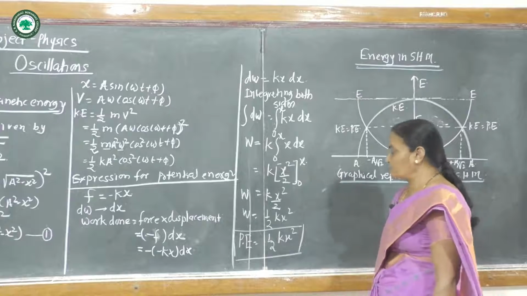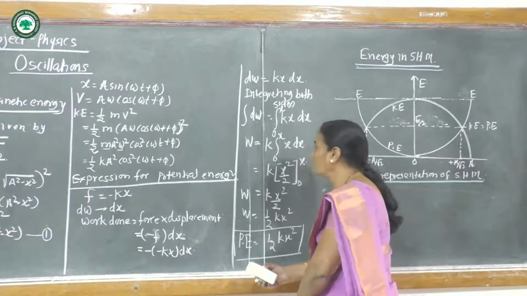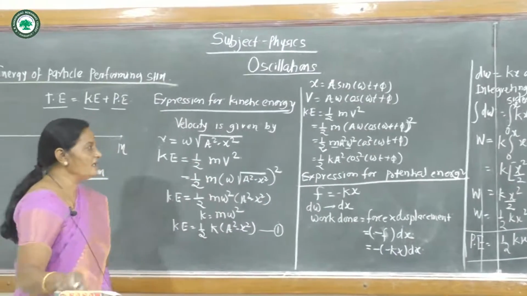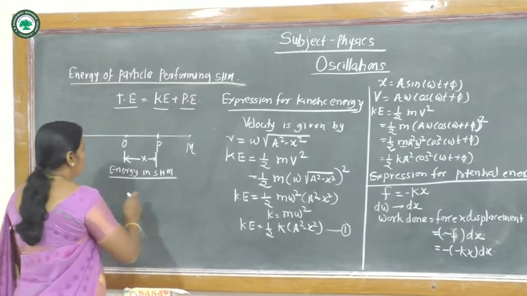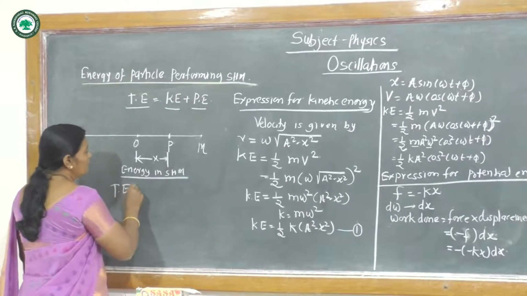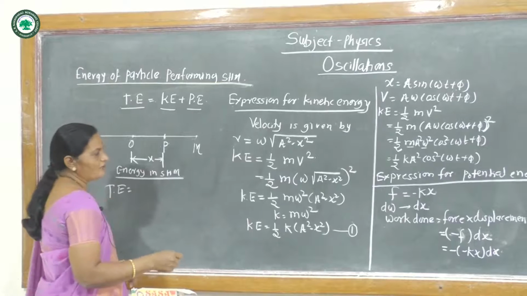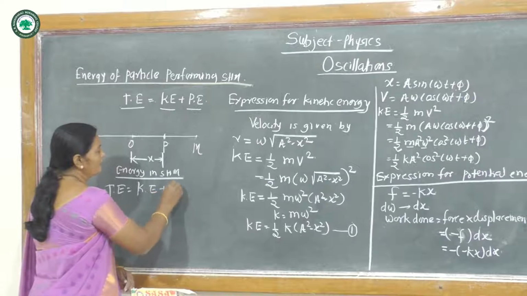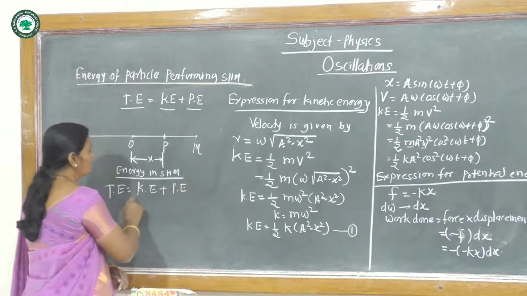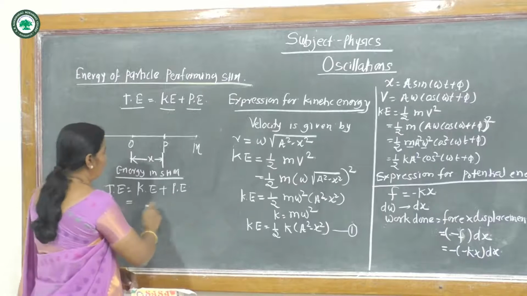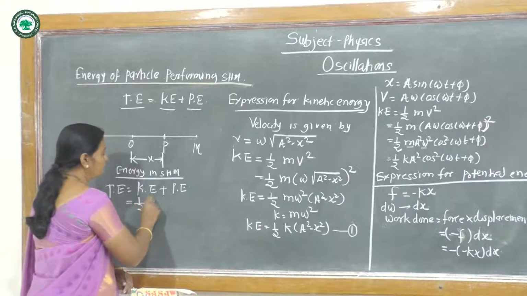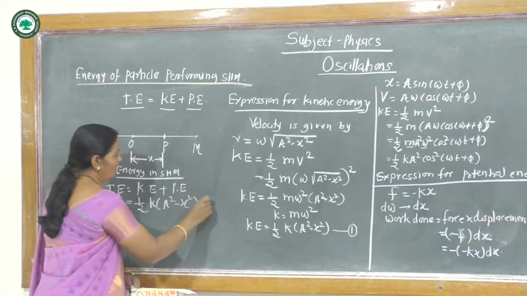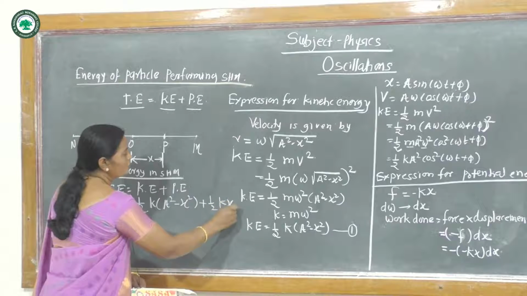Now the total energy of the particle performing simple harmonic motion is kinetic energy plus potential energy, which is 1/2 k(a square minus x square) plus 1/2 kx square.